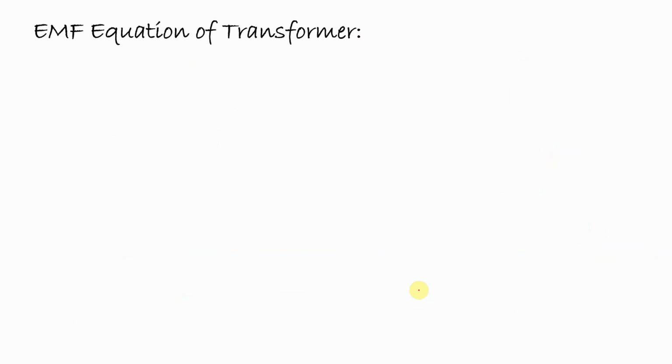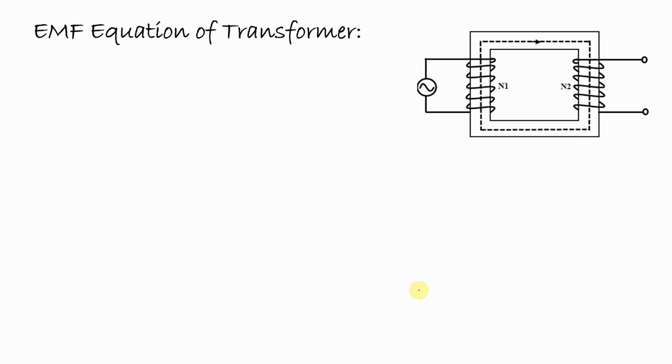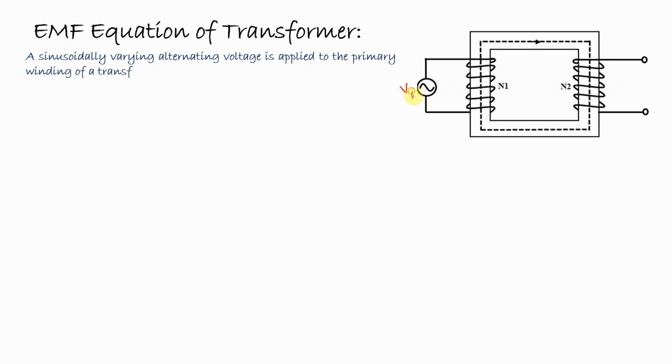Next, the EMF equation of the transformer. Before we start the EMF equation, here we consider a sinusoidally varying voltage is applied on the primary side when the secondary side is opened.